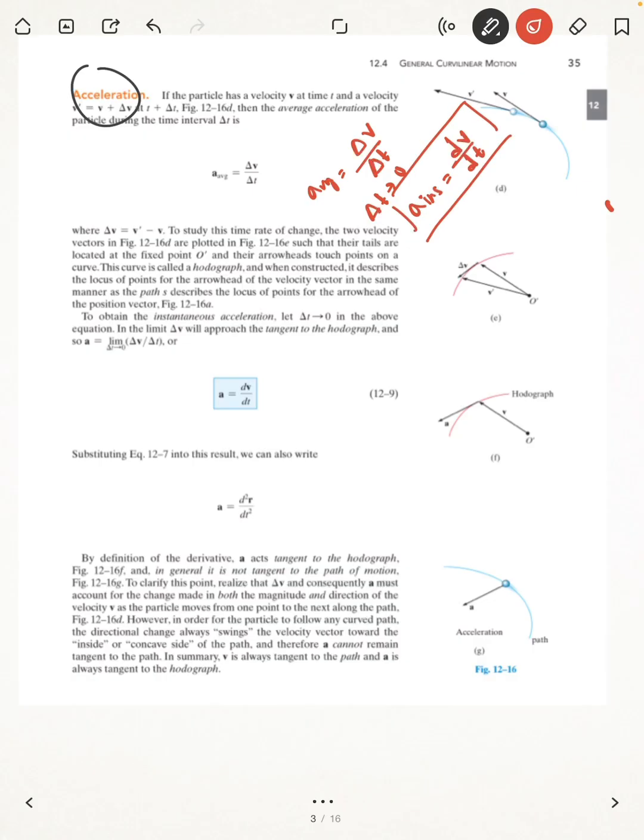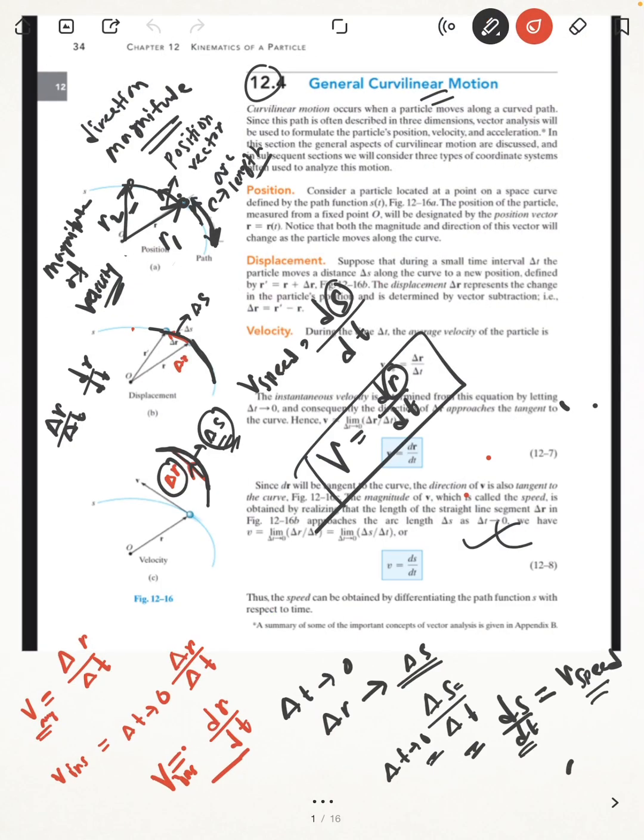Now what should be the direction of the acceleration, and how can we represent that in terms of the change of velocity? You see here we have taken two positions, one was r and one was r prime. The change of position with respect to time is the velocity.